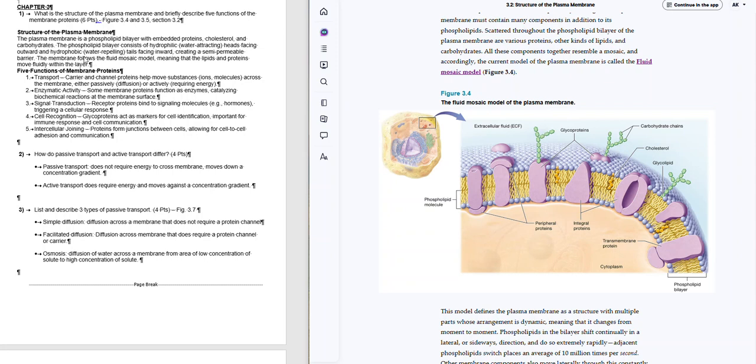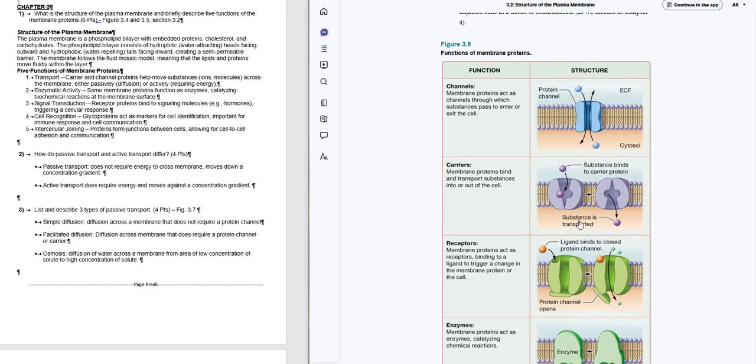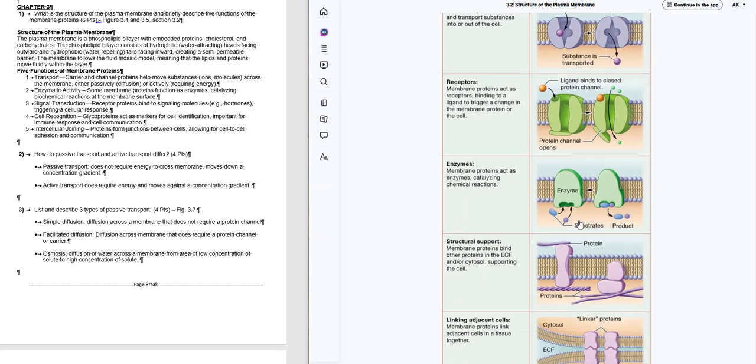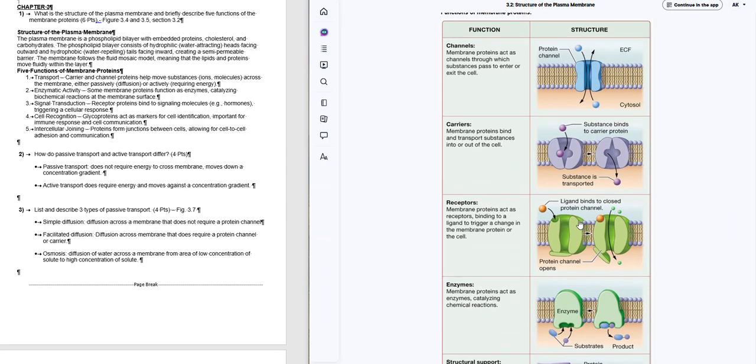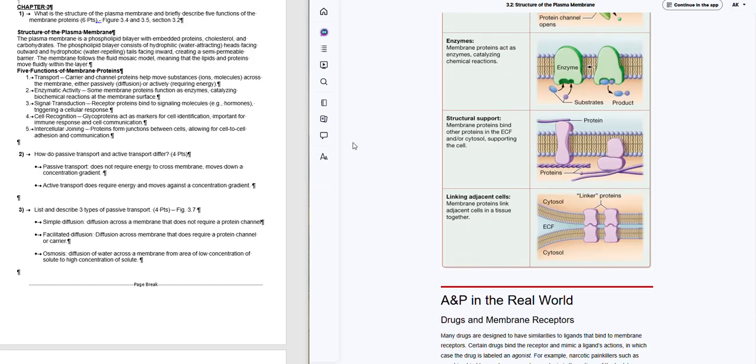And so that gets to the 5 functions of the cell membrane, and you can see that in figure 3.5. They act as transport, enzymatic activity, signal transduction, cellular recognition, and intercellular joining. But remember, to get the full 6 points, make sure you give a little description of what that means.